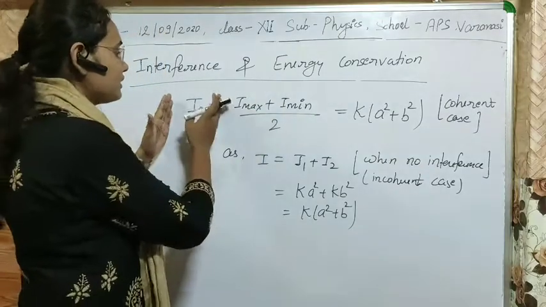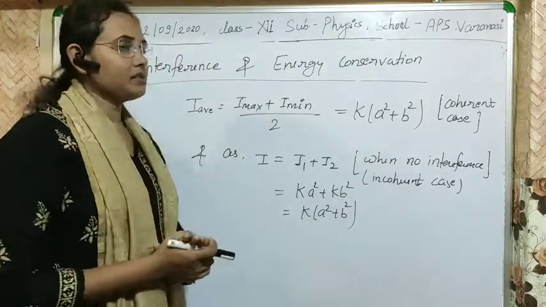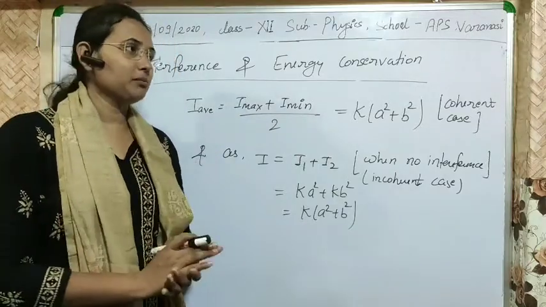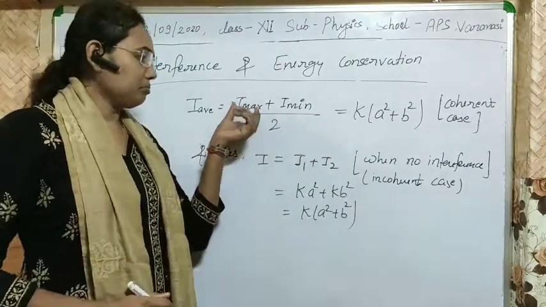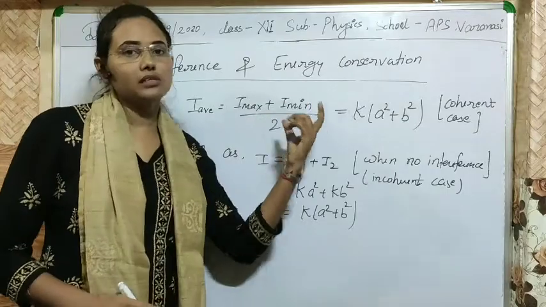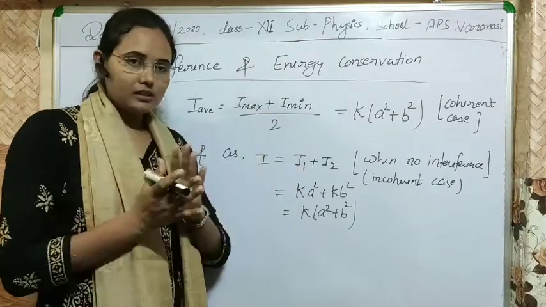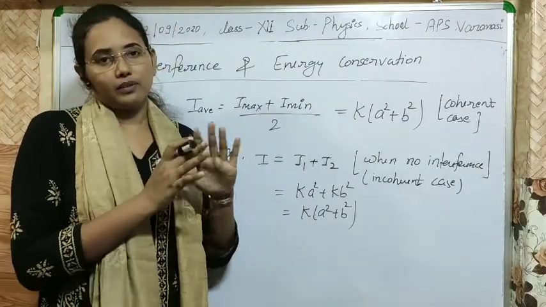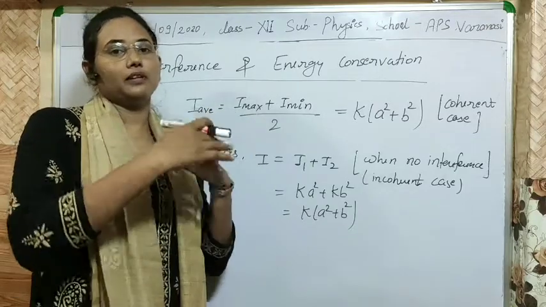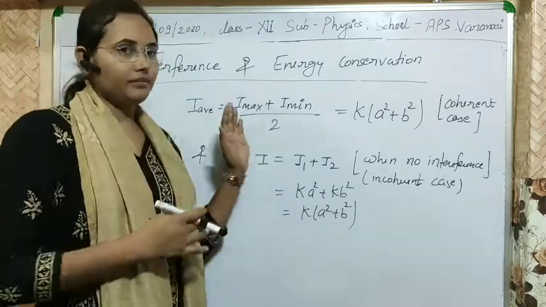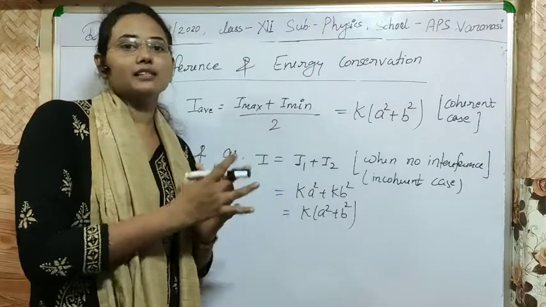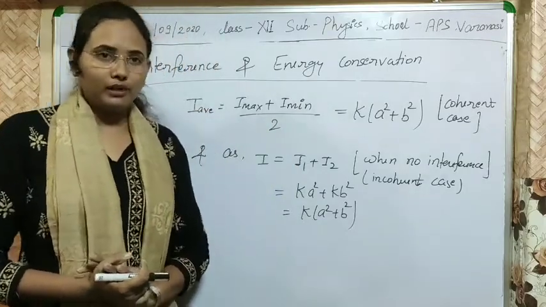And for this term, as we have seen in the case of Young's double slit experiment, we got maximum intensity and we got minimum intensity. It means there is a redistribution of intensity of light, a redistribution of energy of light. Then definitely we can find the average energy, average intensity of the light.